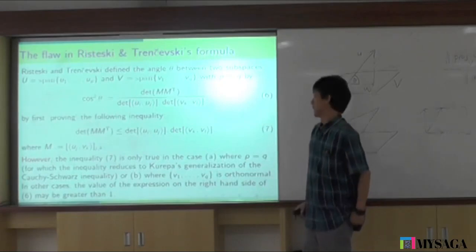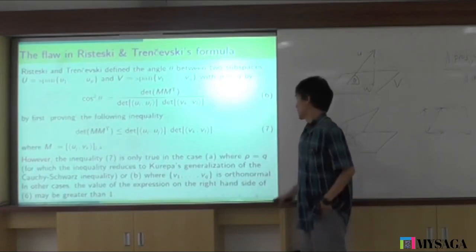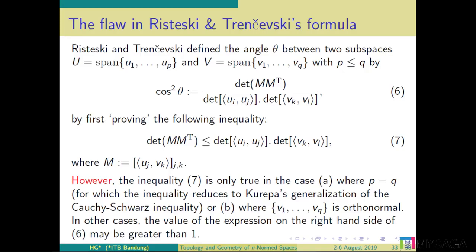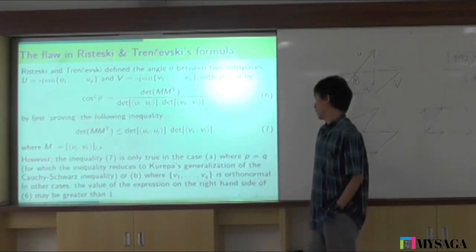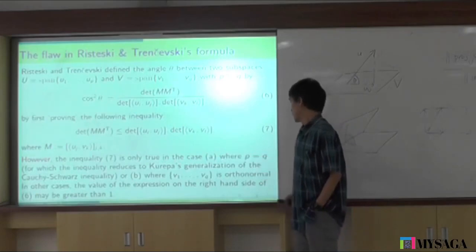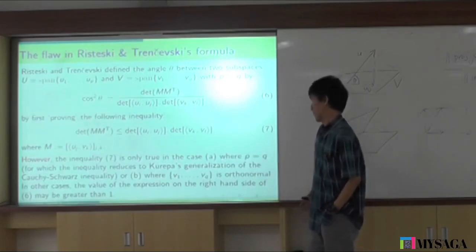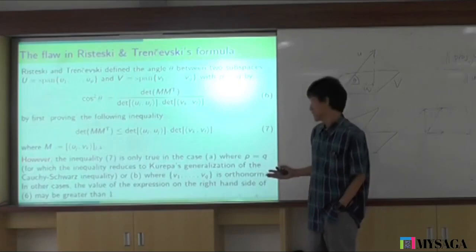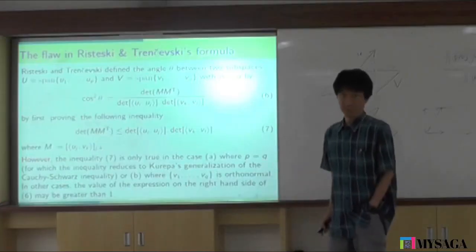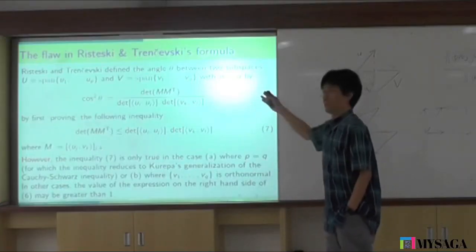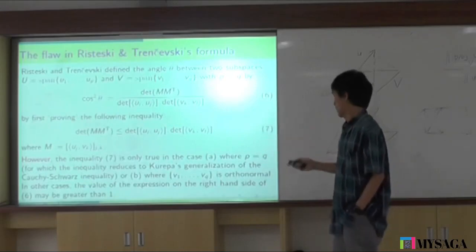However, this inequality is only true in the case where p equals q, as we just saw, or where v1 up to vq is orthonormal. In other cases, this inequality is wrong. So what is wrong with the cosine?